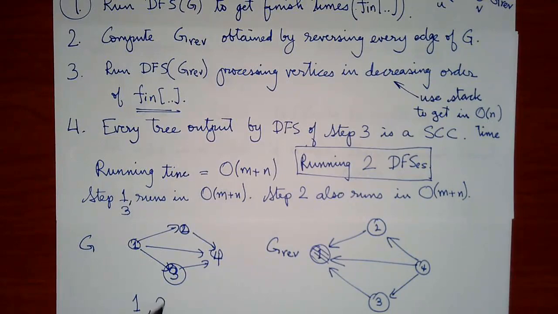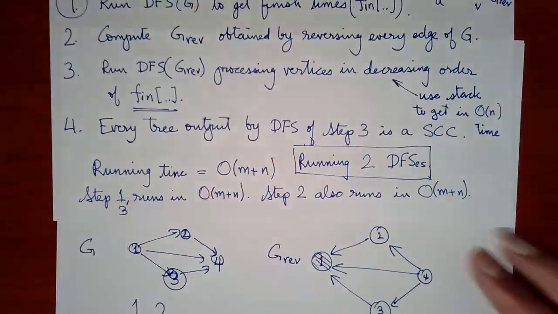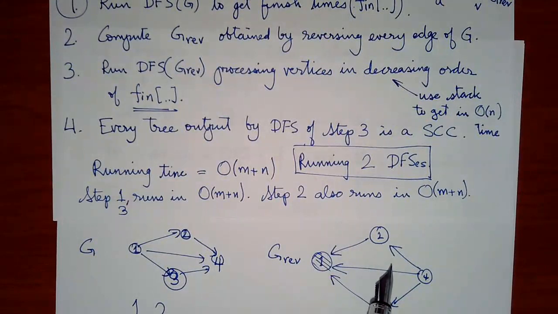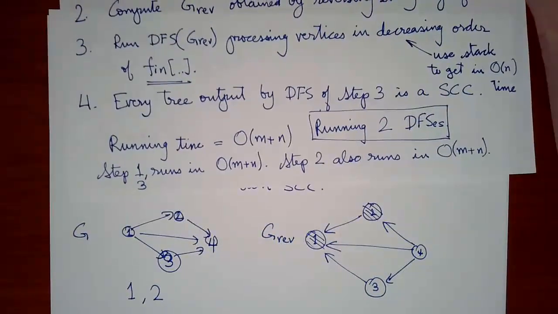Maybe 2. In reverse, it doesn't have any outgoing edge to a vertex that's not visited. Therefore, it'll be a singleton in its tree. And the rest is so on and so forth, induction on this.